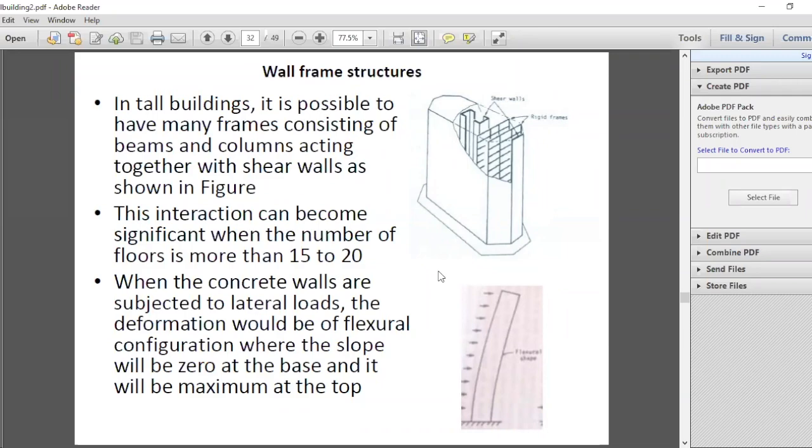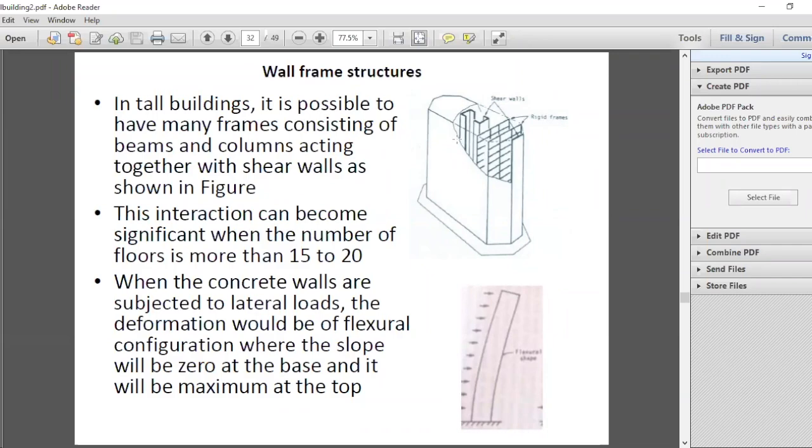And we already know the wall is a cantilever, which is fixed at the base, almost fixed at the base. So it's a cantilever fixed at the base, and the deformed shape of the wall is a cantilever mode with zero rotation at the base, maximum rotation at the top.